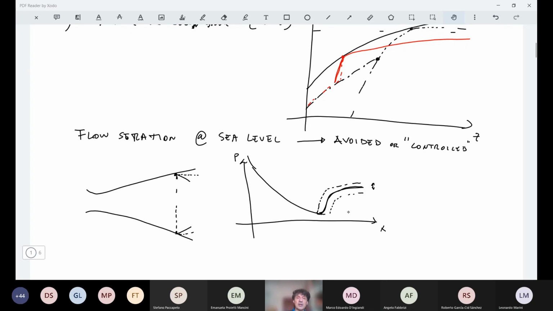And here we have this separated flow, which actually is not so smooth. We have some fluctuations that must be taken into account, and typically the separation position is not fixed all around the nozzle, but will be oscillating.